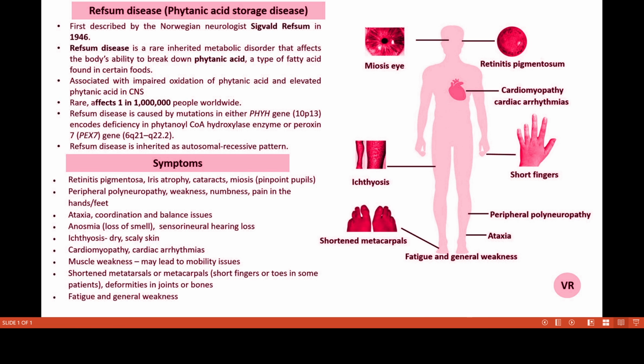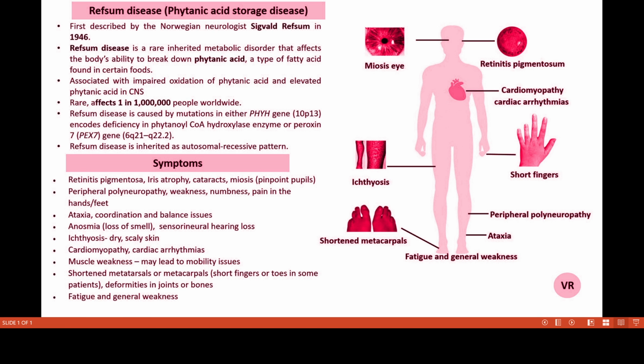Plasmapheresis, that is blood filtering, is used to rapidly remove phytanic acid during acute episodes such as severe weakness or arrhythmia. Managing symptoms with topical hydrating creams for ichthyosis, medications for cardiac issues, and early interventions for developmental delay in infants is also part of the treatment plan.